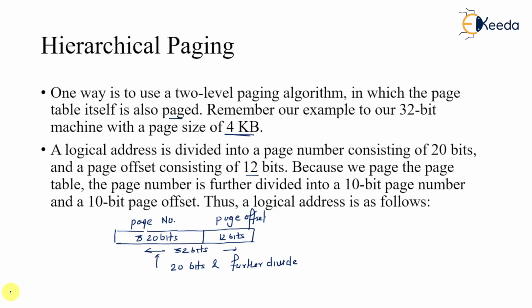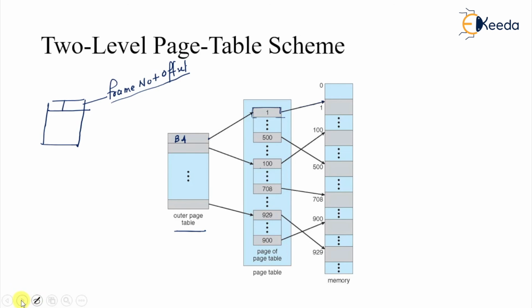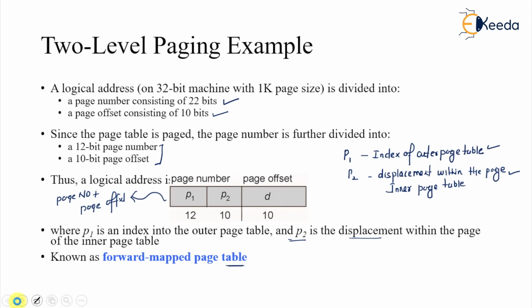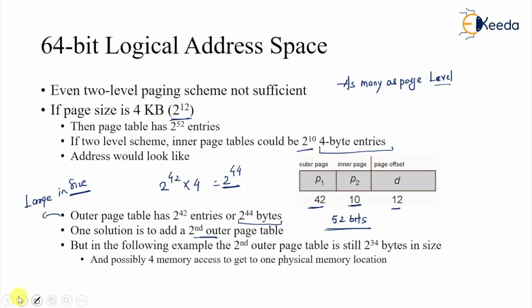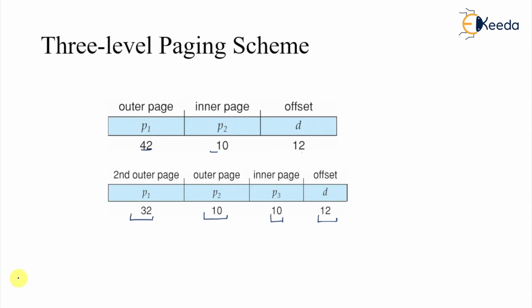Further, with a 2 to the power 64 logical address space, the outer page table becomes very large, so we can divide further and have as many page tables as needed. In the next section we are going to solve a few questions related to this. That's all for this section. Thank you.